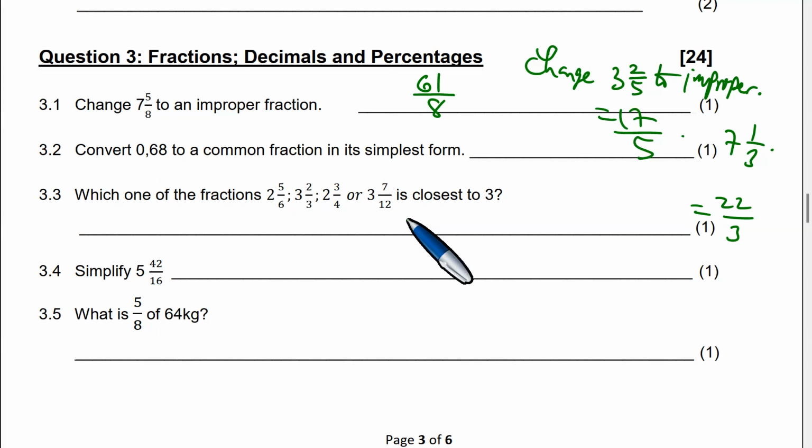Don't we need to put it into a percent first, then we put it into a fraction? Okay, let's take a look. Right, because this one is having how many digits after the decimal point? 2.